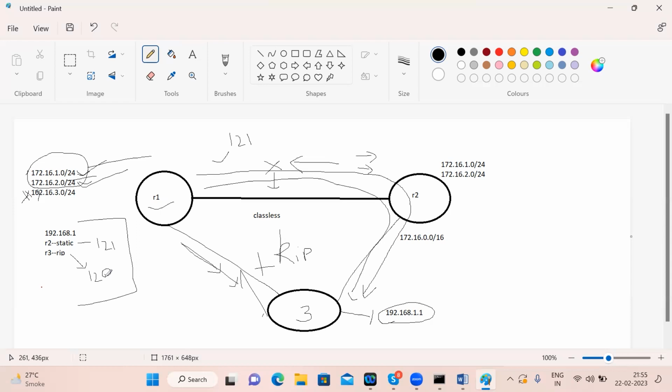Tell me, by changing the default value of any routing protocol, like it could be RIP, it could be BGP, OSPF, whatever, it won't create any kind of mess within the network? No, you have to take care. If you are changing on one router, that means you have to change on every other router also. So what is the best practice we have to follow, rather than creating a mess within the topology?